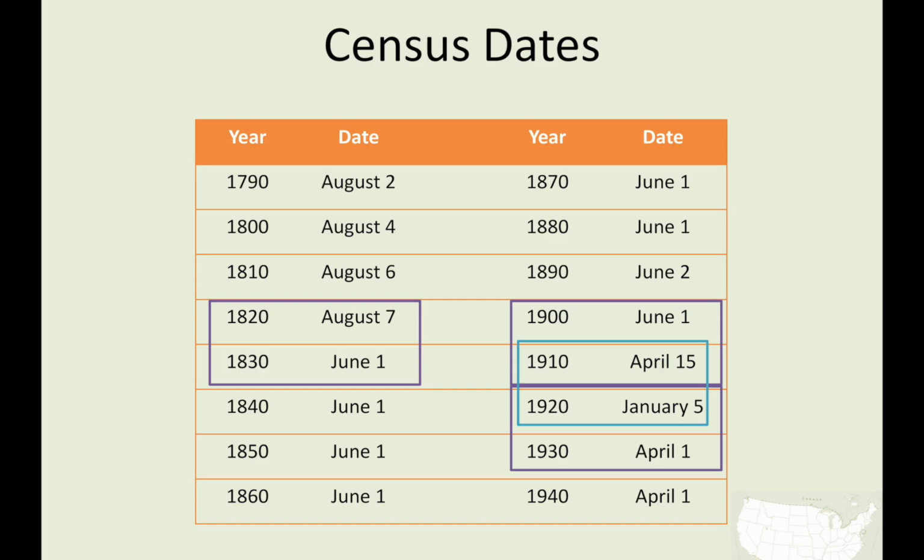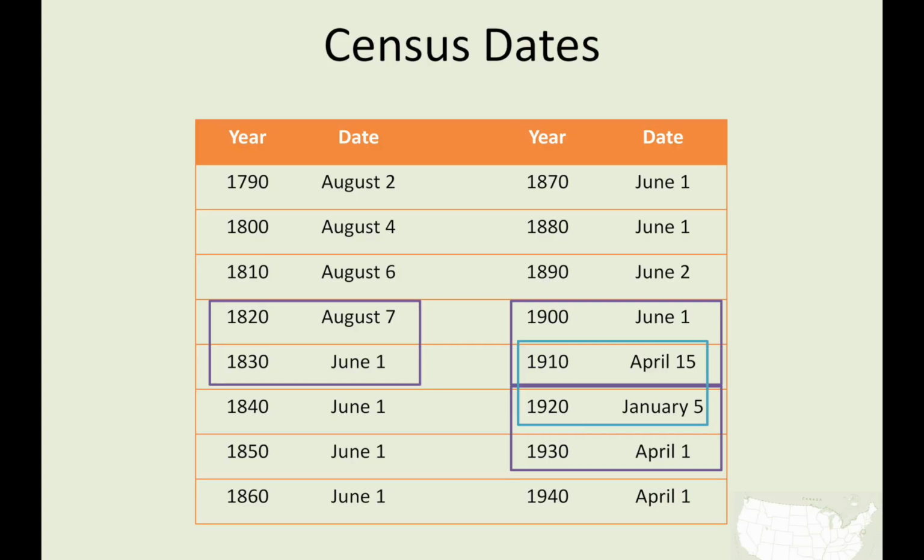So if you do find census reports for your family, and you think it's your family, but the ages are a little bit off, that might be okay, all right? Because between April and January, there's not a full 10 years. People are only going to be 9 years older, not 10.